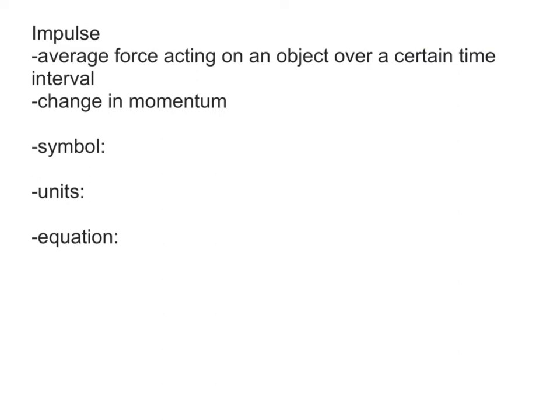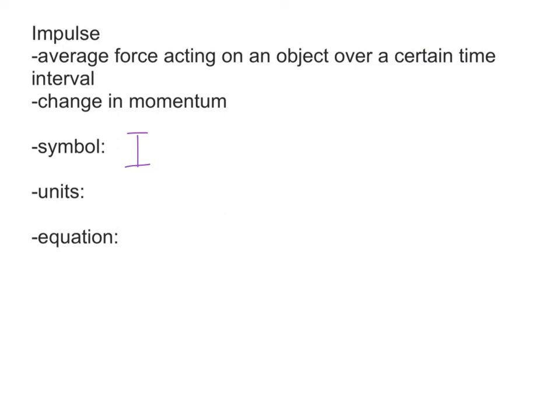Impulse is a little bit more confusing than momentum. It's got two definitions. So the first definition, impulse is the average force acting on an object over a certain time interval, and impulse is also a change in momentum. So two different things that impulse can be, force times time or change in momentum. The symbol for impulse is a capital I. The units for impulse.